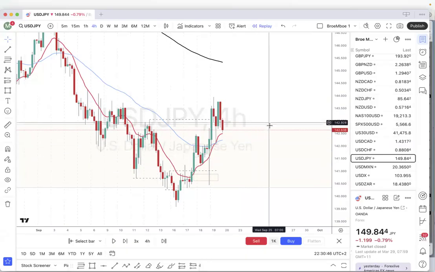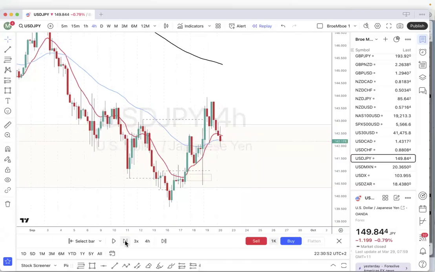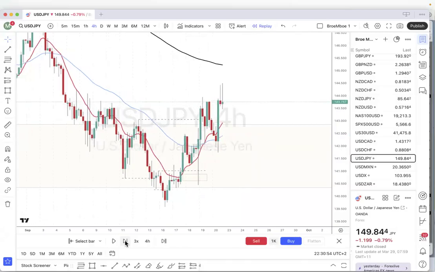All right, so let's check it out. So look at that. Still, that high hasn't been taken out by H4, but at least we have pulled backwards inner to confirm that this might be a low. It's not confirmed, but it might be a low.